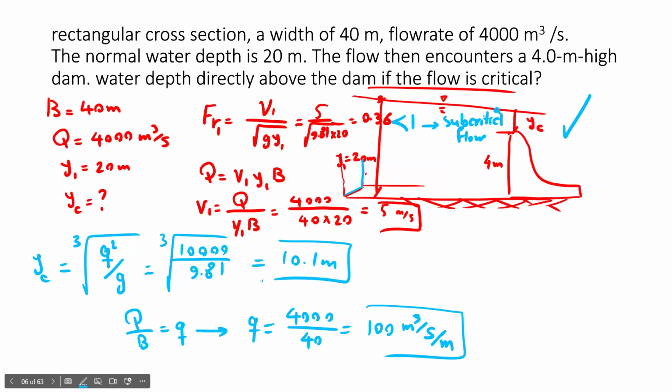So the red part is just to double check if the flow is subcritical, supercritical, or what. The solution is the blue part.